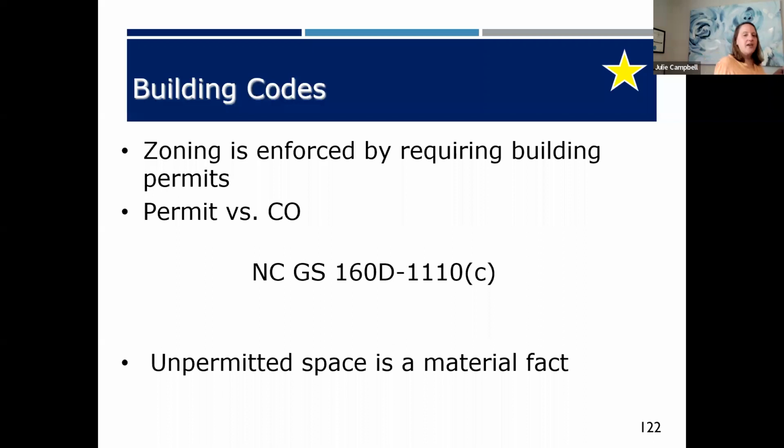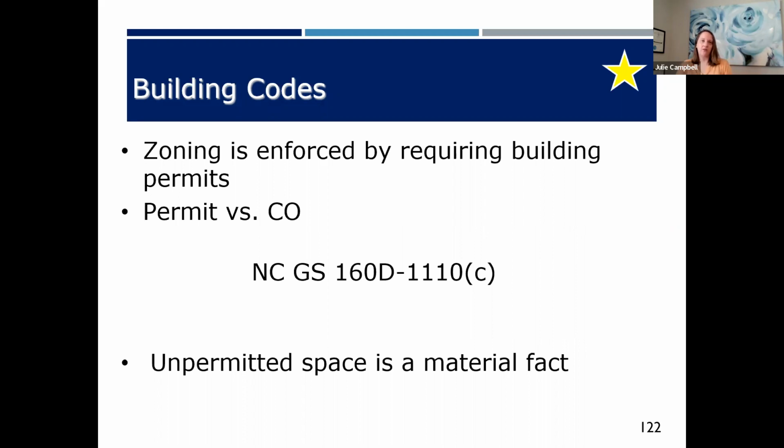The fact that this space is unpermitted is going to be a material fact. Again, we're just easing you into this idea of material facts. We're going to do the deep dive on material facts next week. The fact that it is unpermitted is a material fact, which means I have to disclose it.